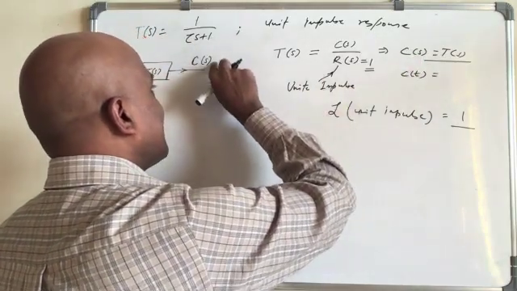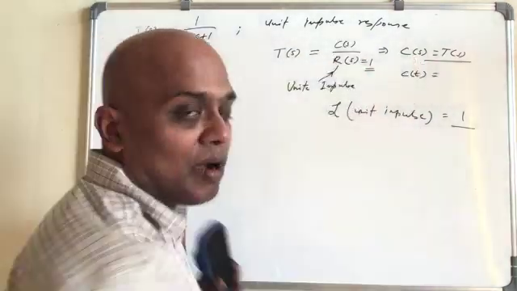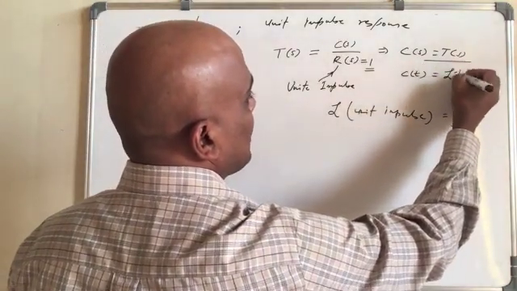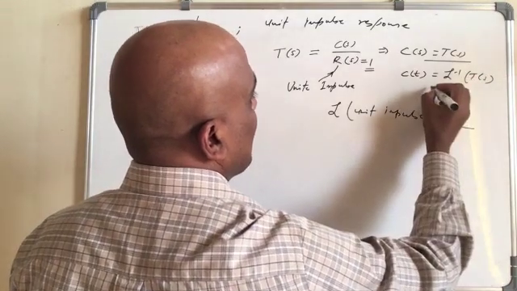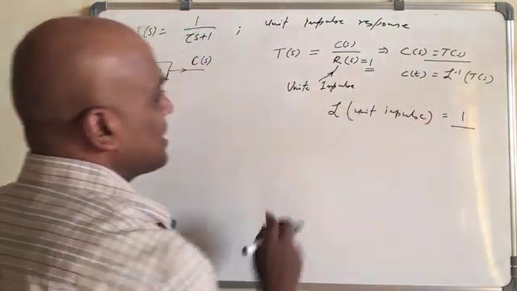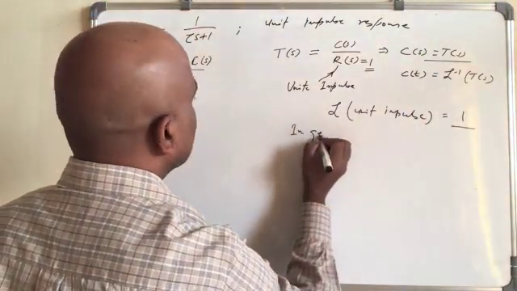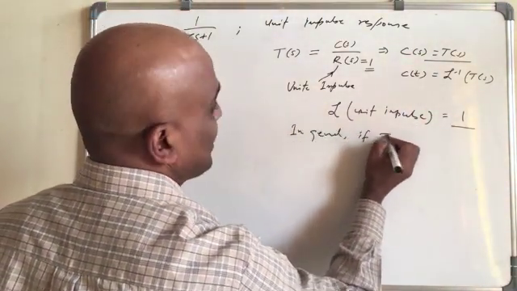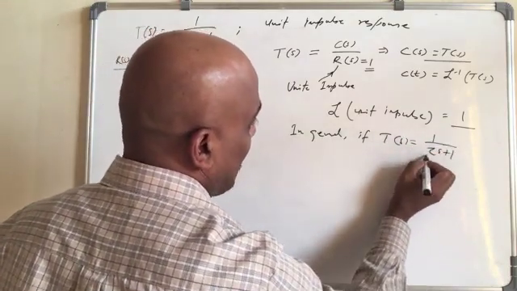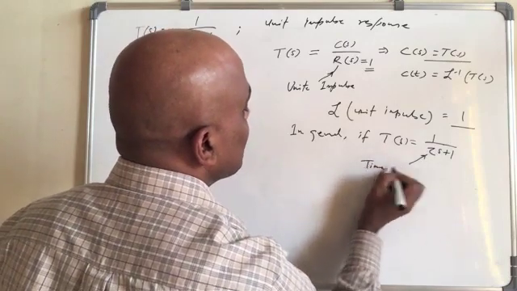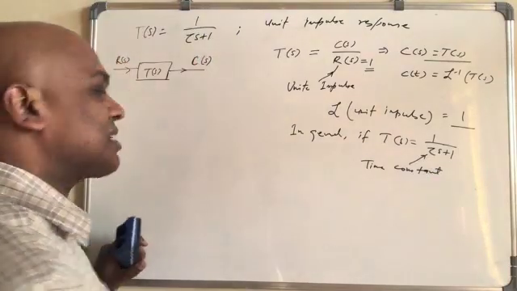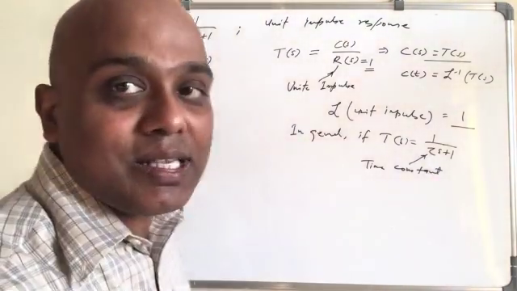C in terms of time, not in terms of the complex frequency s, will be simply L inverse of Ts. In general, if Ts equals 1 over tau s plus 1, where tau is the time constant, this holds for any system, because we are not just studying the spring and mass system.